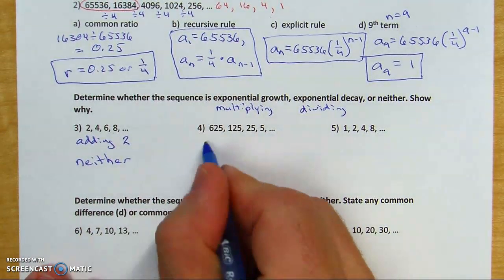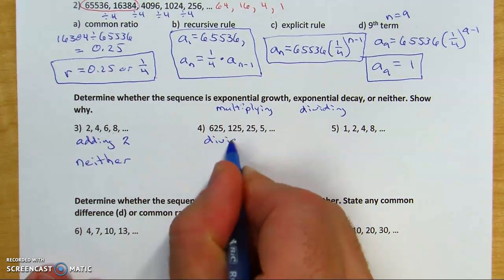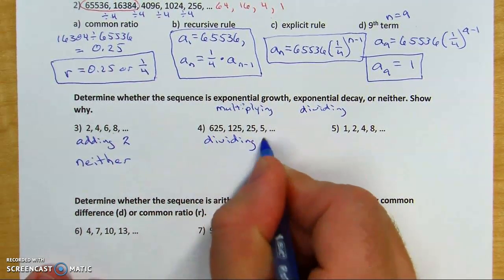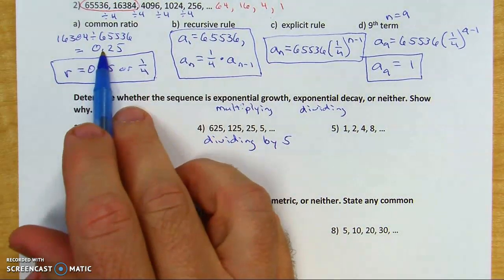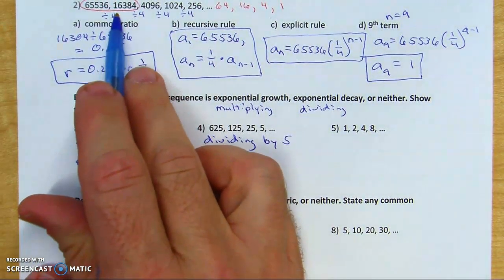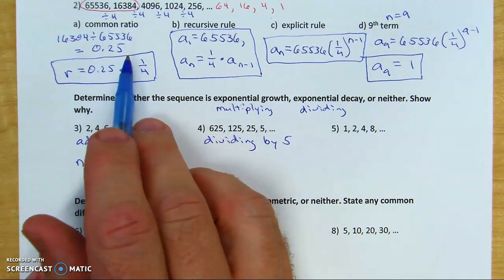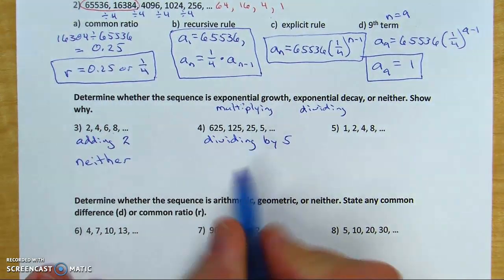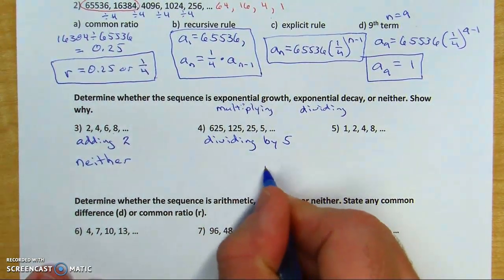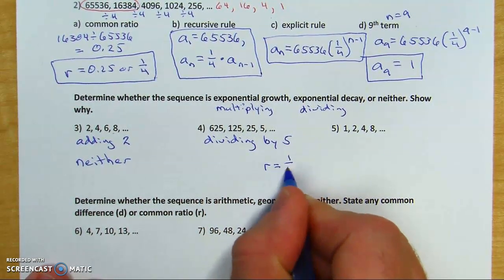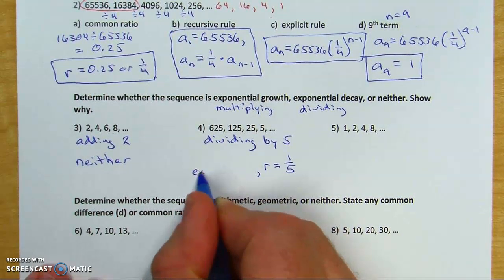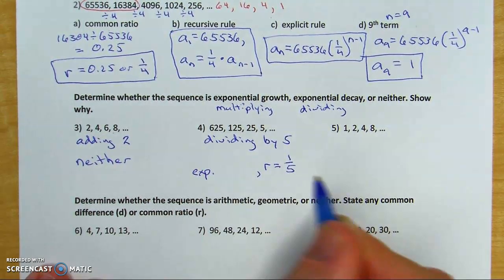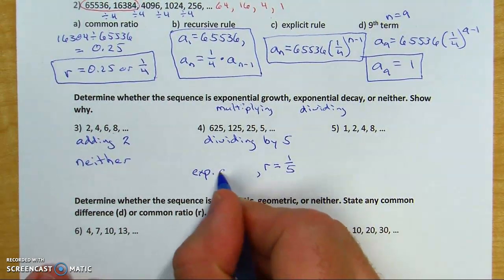On this one, you might notice that we're going down. So we're dividing by 5, but that's that thing with the dividing up here again. So divided by 4, r was 1 over 4. So down here, if we're dividing by 5, r is going to be 1 over 5. And so that would be an example of exponential, I'm just going to put exp, and then we're dividing, so that's going to be going down.